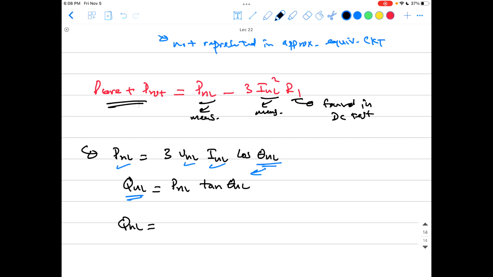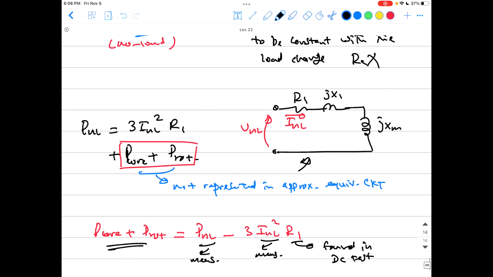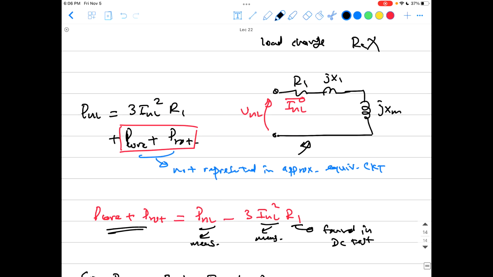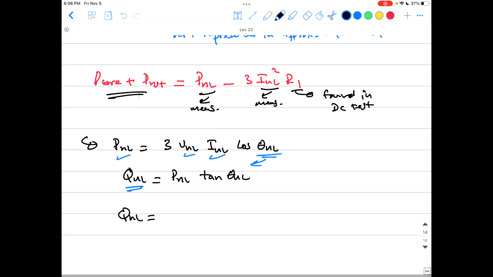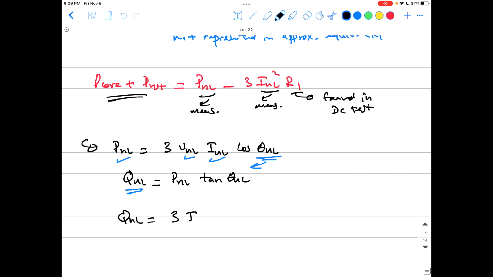And for Q no load, from this circuit here you just have X1 and XM in series, and the Q goes to the X's. So this goes to 3 I no load square times X1 plus XM. Yes? Q no load is just calculated here. And by the way, you can measure it if you can measure Q in the circuit, so it's up to you in the lab.